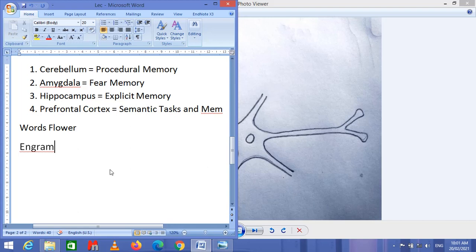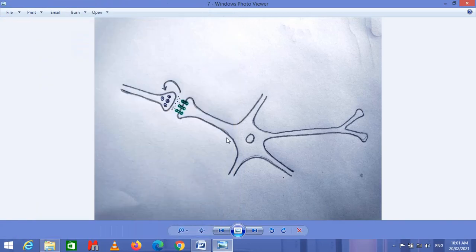These are called AMPA and NMDA receptors. Two types of receptors, AMPA and NMDA receptor. So these two types of glutamate receptors are actually the channels of sodium and calcium.